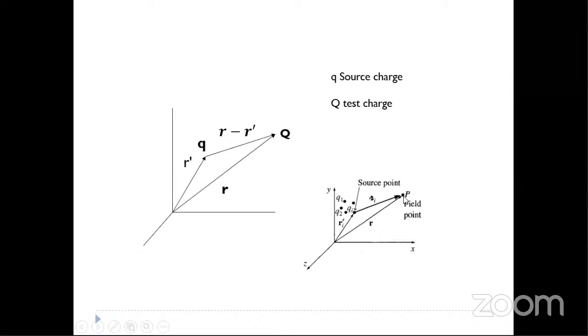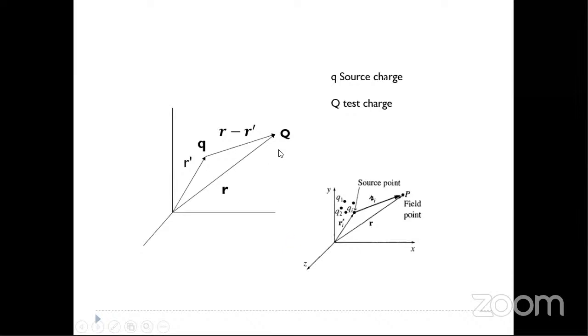So how to find this electric field? For that purpose, at this field point I will place a test charge and find the total force acting on this test charge because of this entire system of charges.